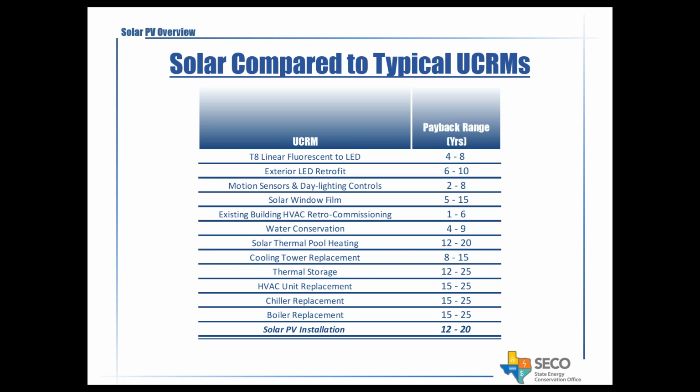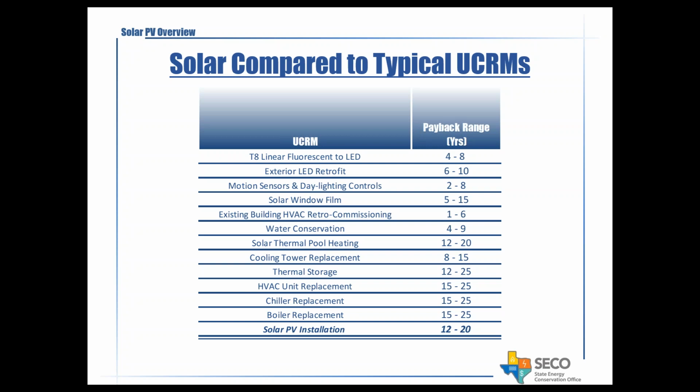Existing building commissioning and retro-commissioning, 1 to 6 year payback. You can go down the line. HVAC systems will typically have longer paybacks, although those are the systems you all really are interested in doing. The controls will have a payback, not mentioned over here specifically, but an energy management control system might have a payback of 10 to 15 years also, and then boiler replacement and so forth.